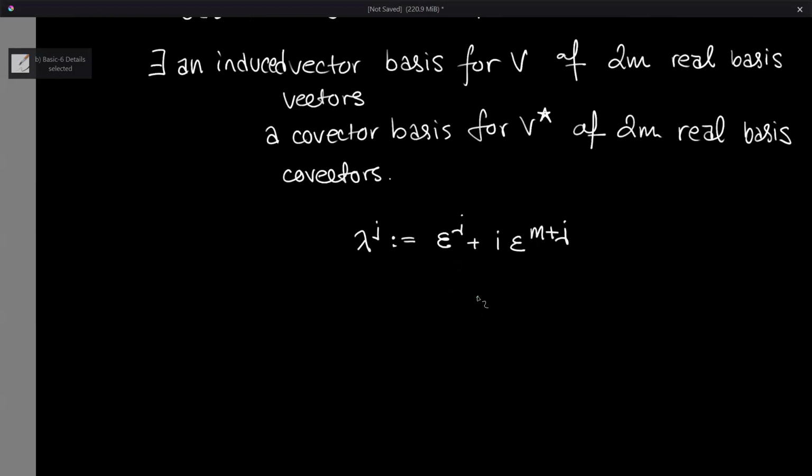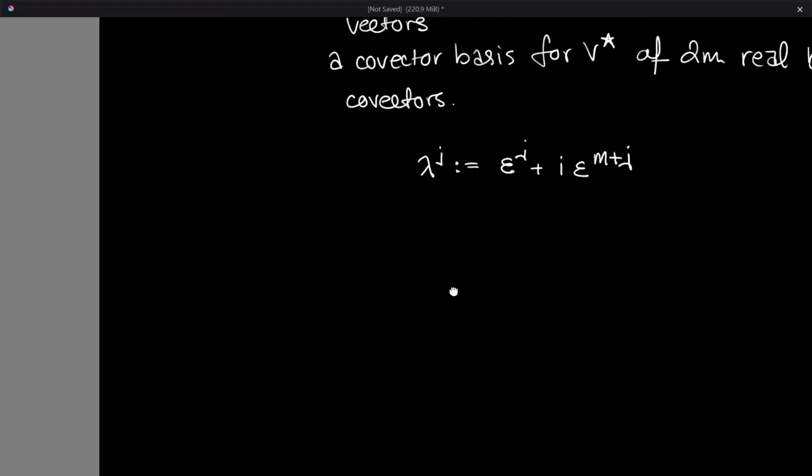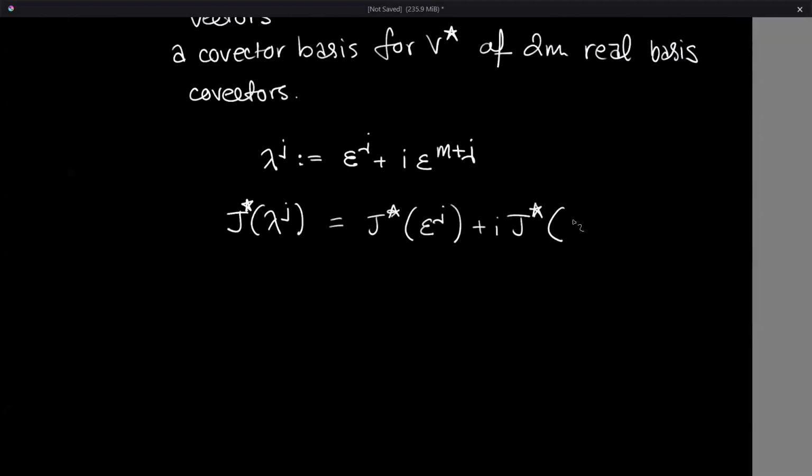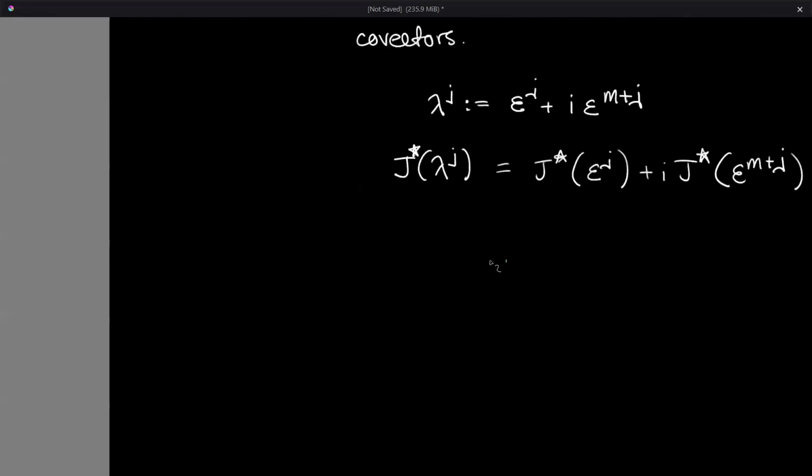This is going to be indicative of what they're eventually going to be, which is the basis covectors. So we know from the definition that J star acting on lambda j is equal to J star acting on epsilon j plus i times J star acting on epsilon m plus j, which is equal to i lambda j.